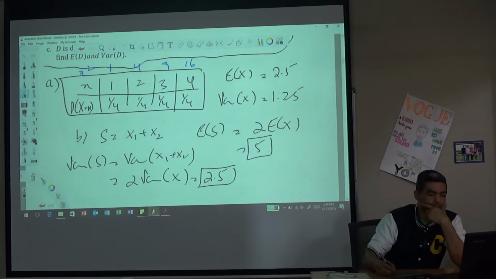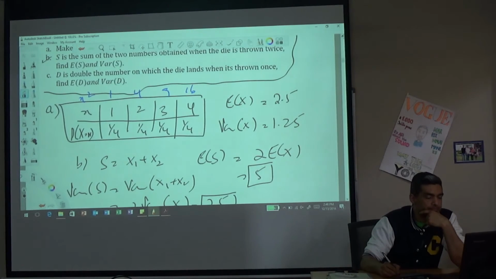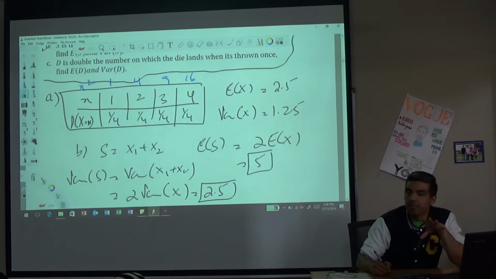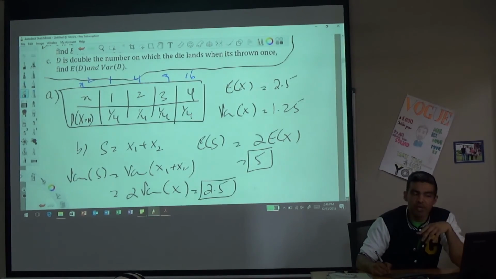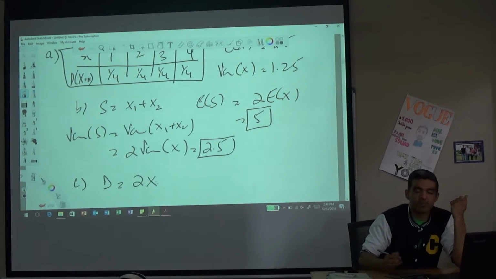Are we good? Any questions? Part C: double the number on which the die lands when it's thrown once. But these are not multiple instances. It's the same random variable, you're just doubling the value. So part C is D means 2 times x.